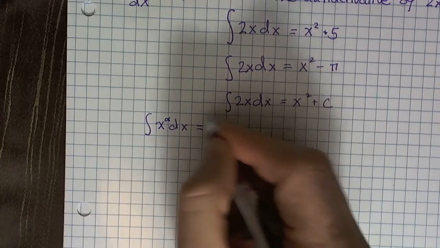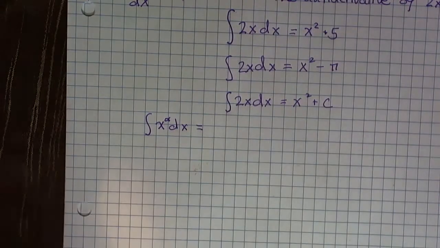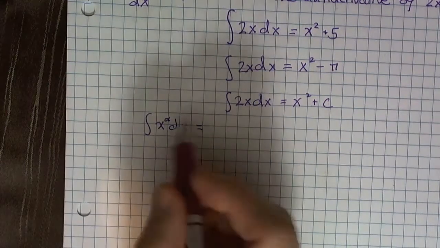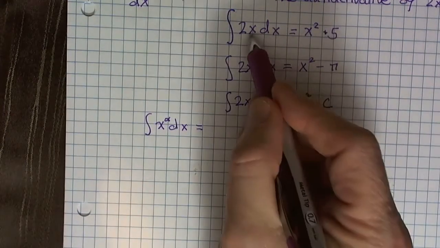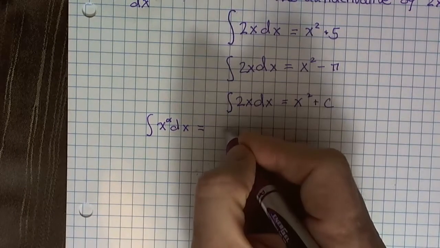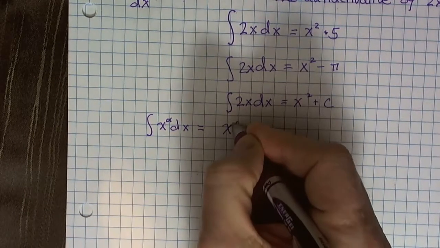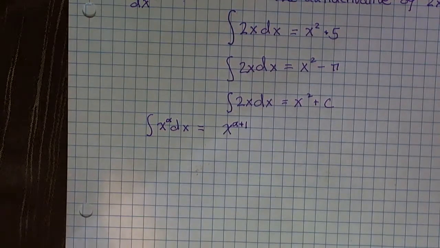Well, when we differentiate, remember, we go down a power, right? So just like up here we had 2x, we've gone down a power, so we start with x squared. So this is going to be x to the alpha plus 1. So you remember, because differentiation diminishes the power.